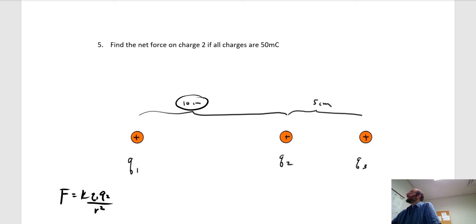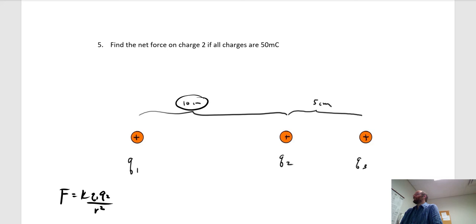Okay. Next, there's a force interaction between these two. Ask yourself, attractive or repulsive force? Once you've answered that, then you can put the force direction on that particle. Draw it in your picture. And consider whether you think it's going to be larger than the first one you calculated or smaller.